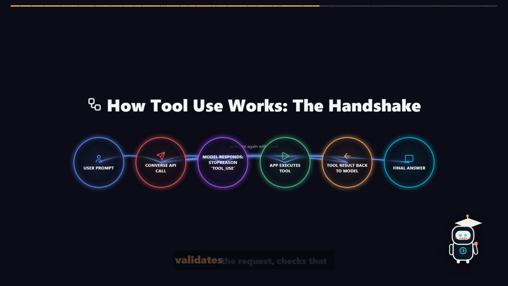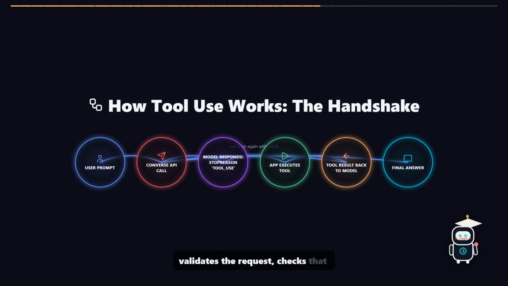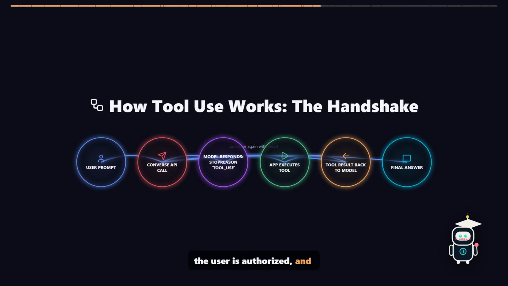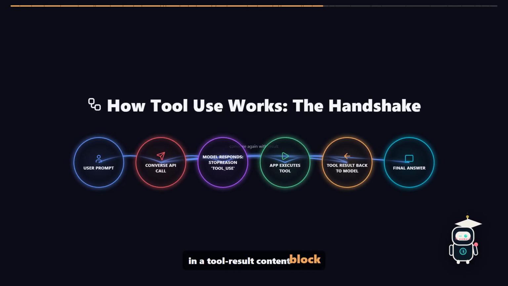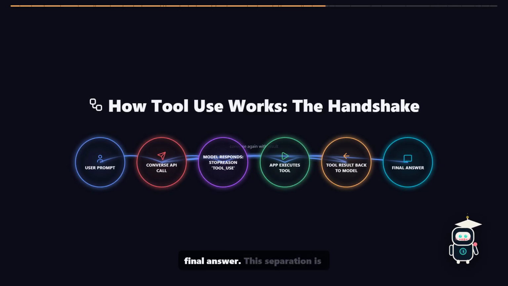Your application validates the request, checks that the user is authorized, and runs the approved function. Next, your code sends the function result back to the model in a tool result content block that includes the matching tool use ID. The model then uses that result to generate its final answer.